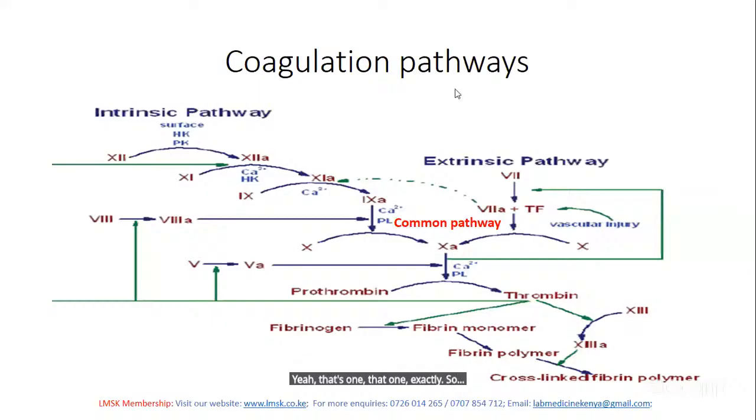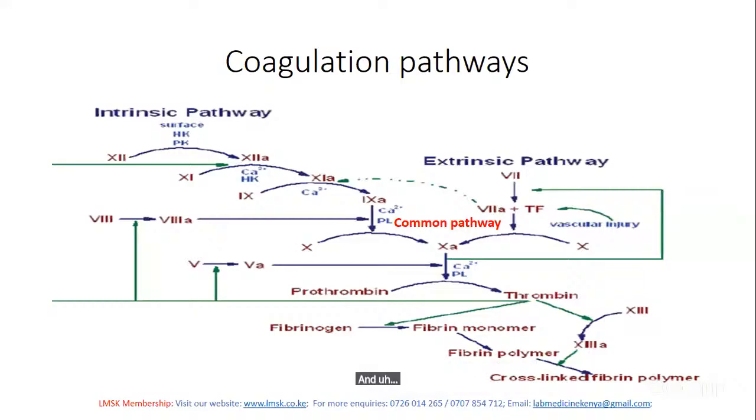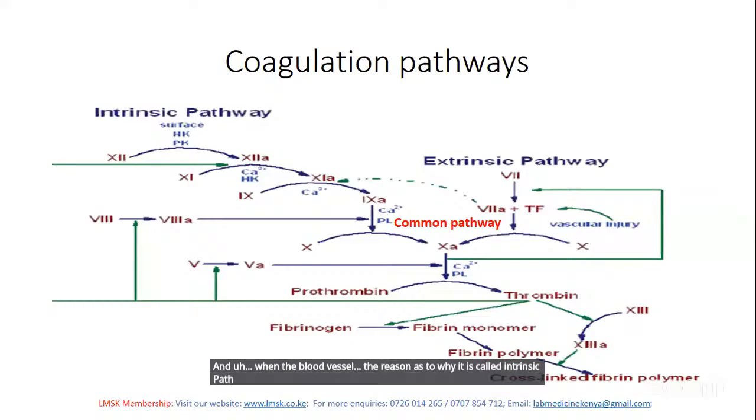Sorry for that, ladies and gentlemen. Let's look at the extrinsic coagulation pathway. The extrinsic coagulation pathway begins by a vascular injury. The reason it is called extrinsic is because not all elements of the extrinsic coagulation pathway are readily available within the circulatory system.